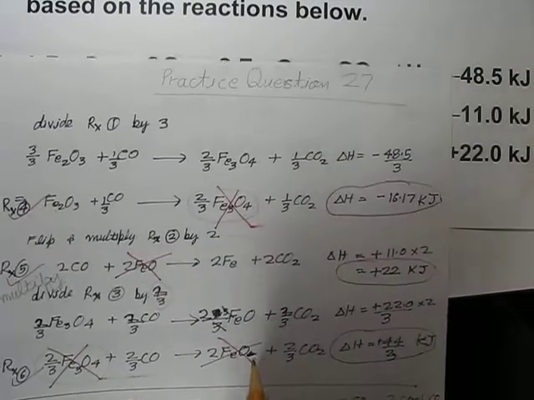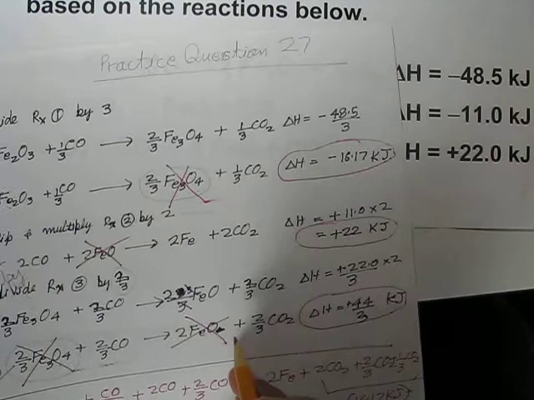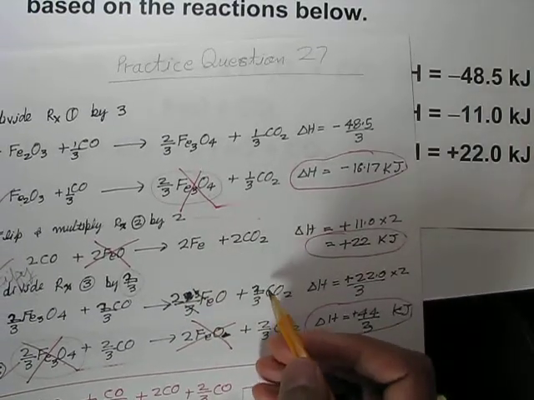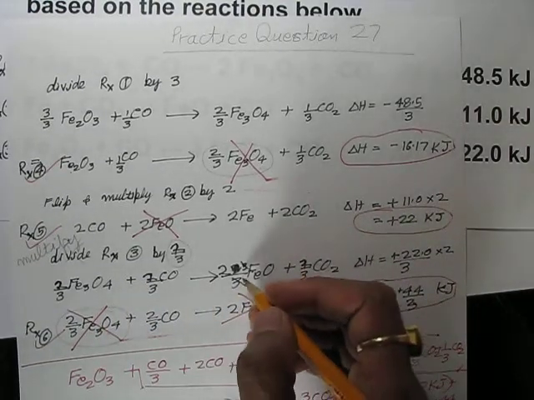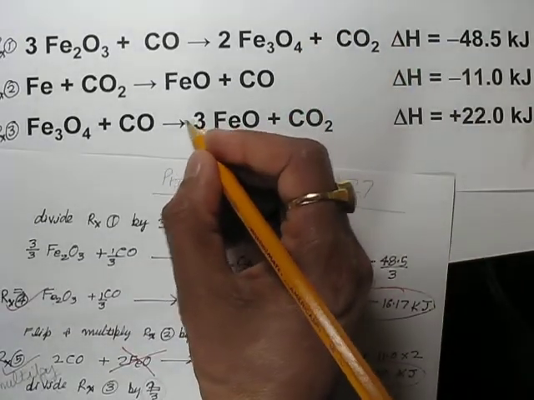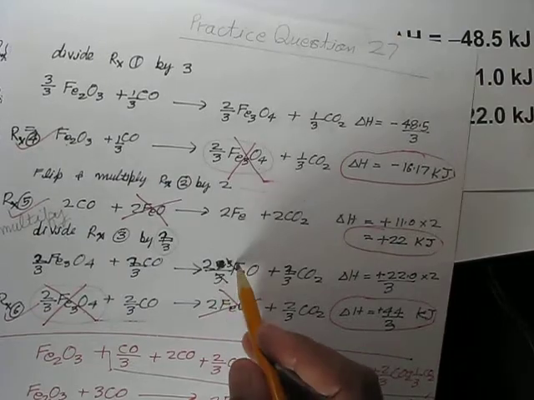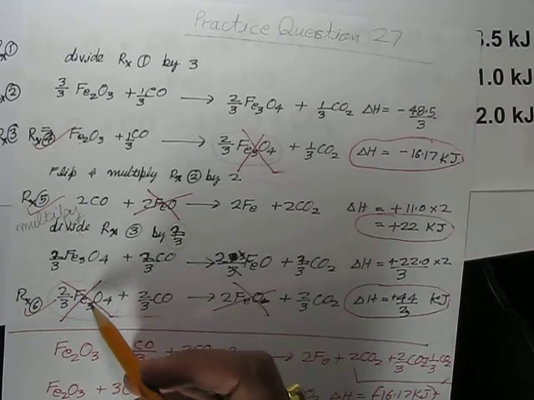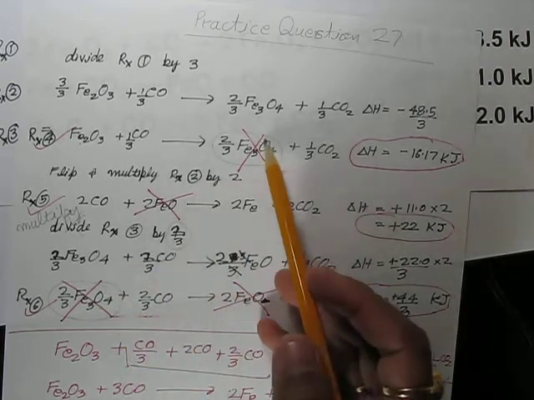When we multiply this reaction by 2 by 3, the 3 will be cancelled out, and only 2 remains. Now you can see 2 by 3 Fe3O4 on the reactant side.